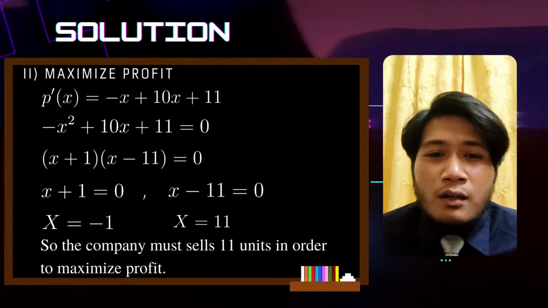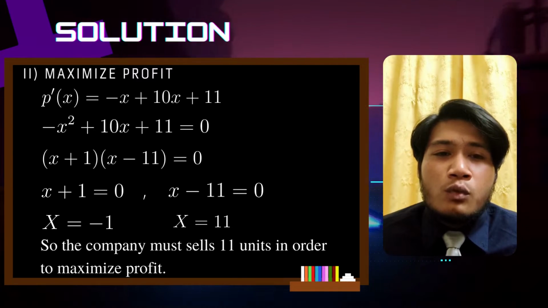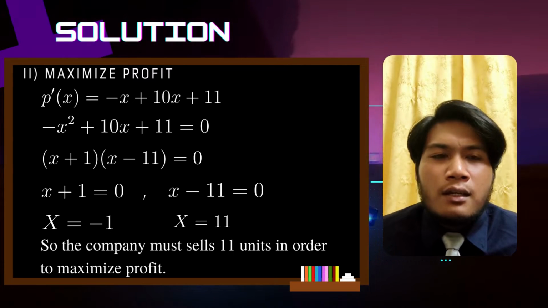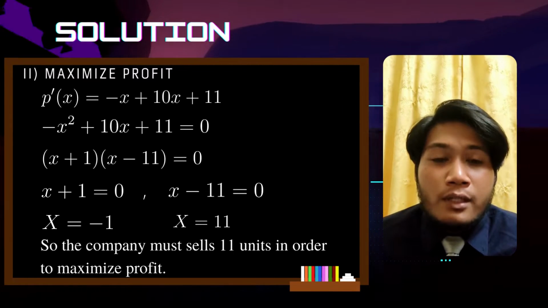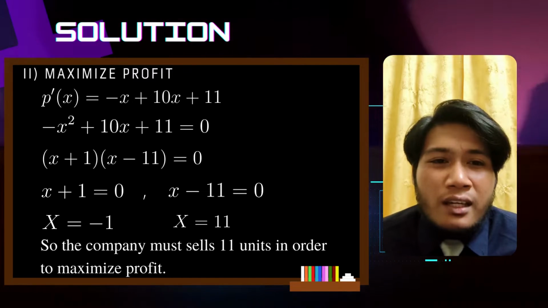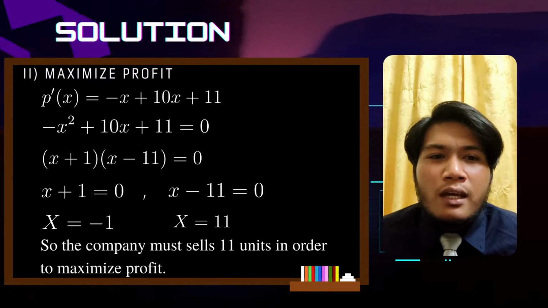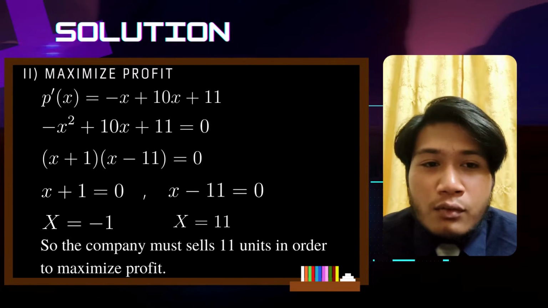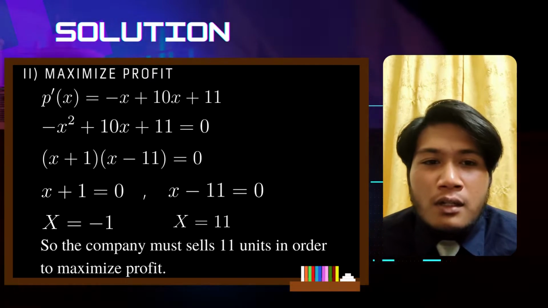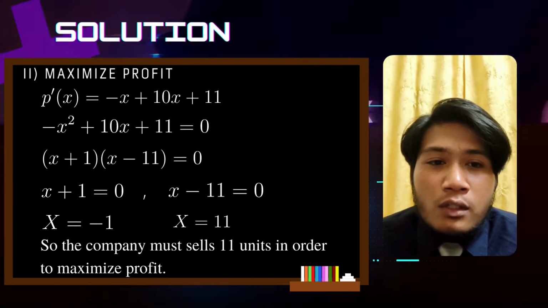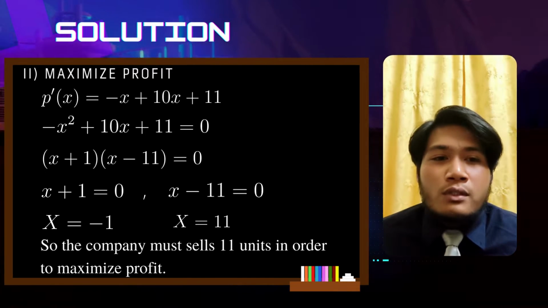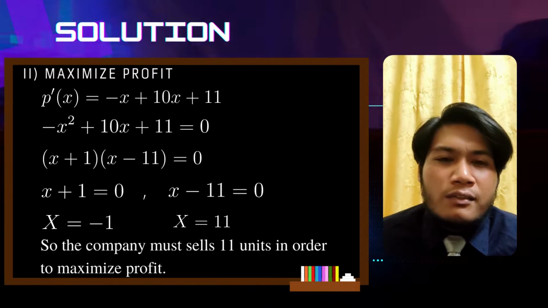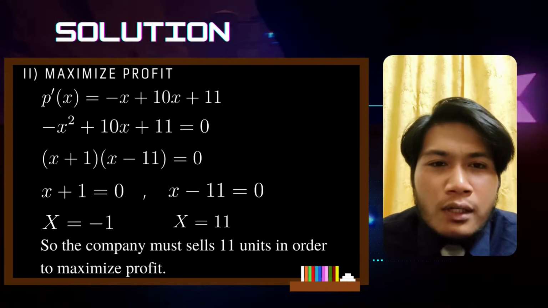We set the equation equal to 0, so negative x squared plus 10x plus 11 equals 0, and then we factorize it to become x plus 1 and x minus 11 equal to 0. We find the values of x are negative 1 and 11. So the company must sell 11 units in order to maximize the profit. Why do we choose 11? Because it is impossible for any company to sell a negative number of units.